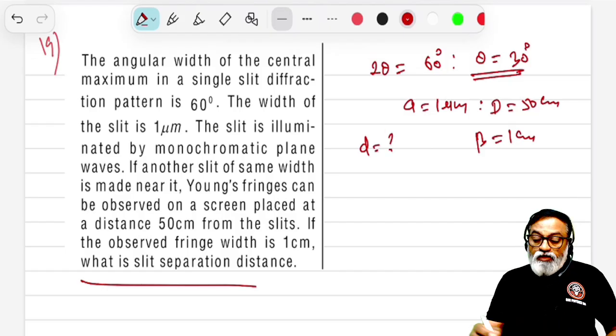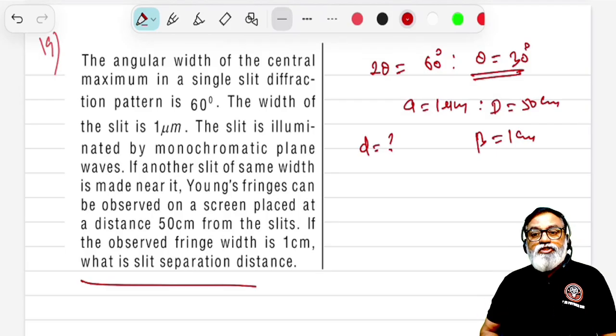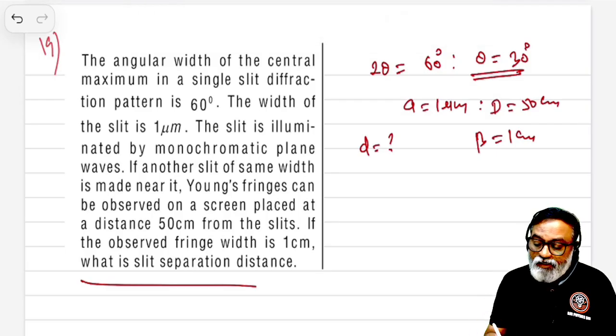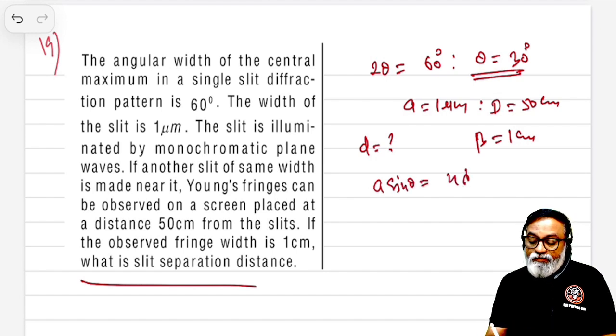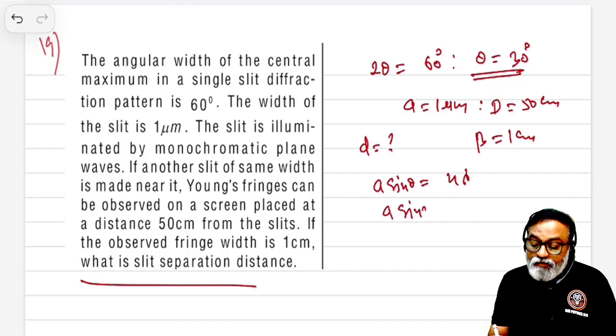D. Here, theta is the angular position of the first minimum. Therefore, in diffraction, A sin theta is equal to n lambda. Therefore, A into sin 30 degrees is equal to 1 into lambda. Therefore, A by 2 is equal to lambda.